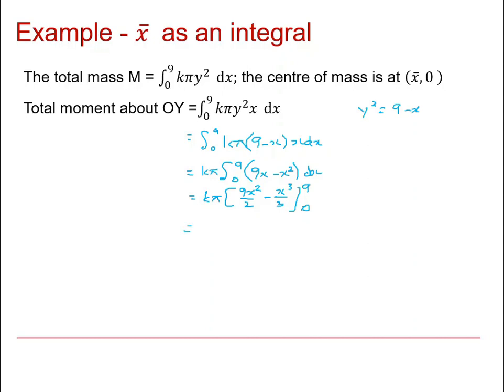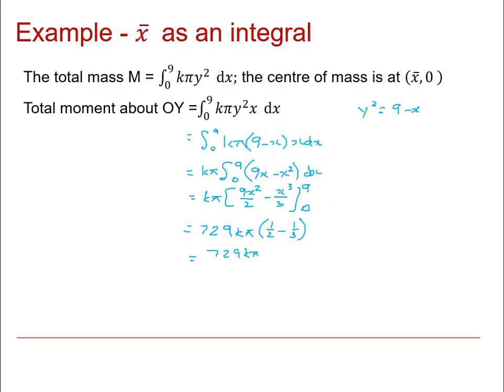So for 9x squared and x cubed, we're going to be evaluating 9 cubed, which is 729, 9 to the power of 3 in fact, isn't it? So that's 729 k pi, and then a half minus a third, and that's from the upper limit. The lower limit contributes nothing. So that's 729 k pi.